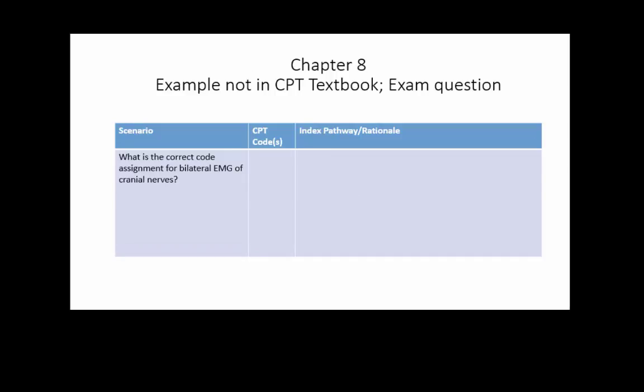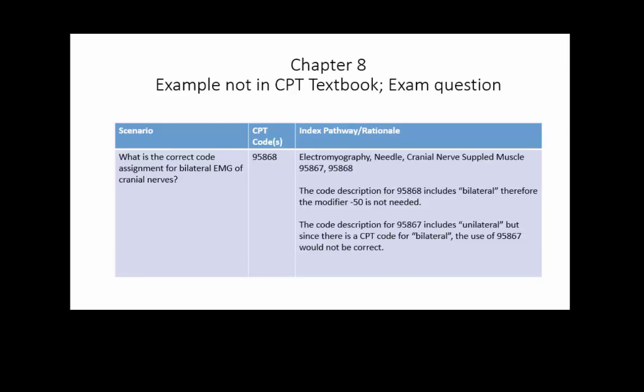Here's an example not in the CPT textbook, one that you will see on an exam or something similar to it. We didn't talk about EMGs, which are just electromyographies of various nerves. This particular scenario asks: what is the correct code assignment for bilateral EMG of cranial nerves. Electromyography is the main term, needle, cranial nerve supplied muscle.